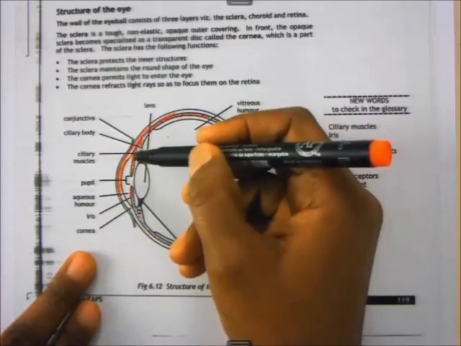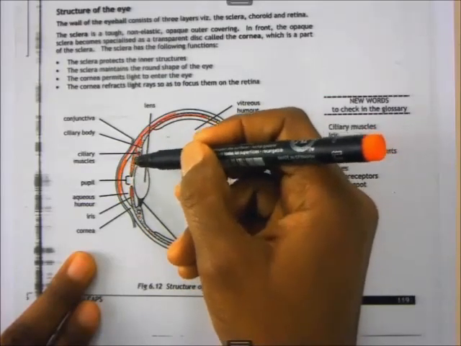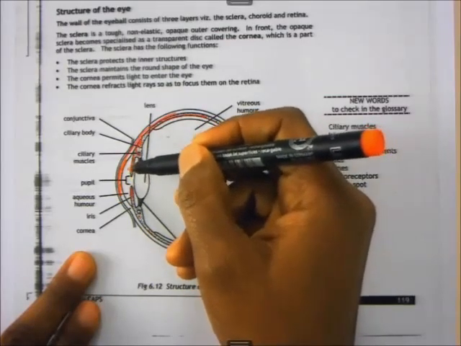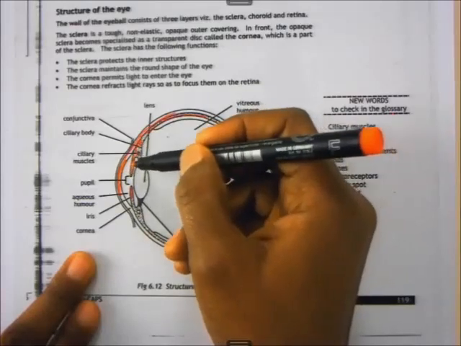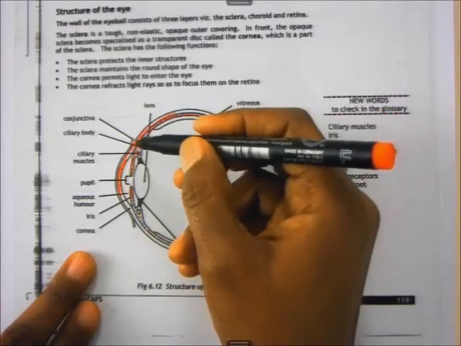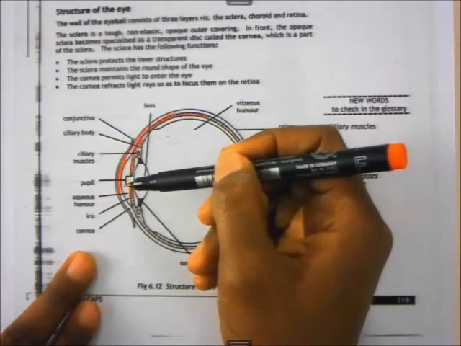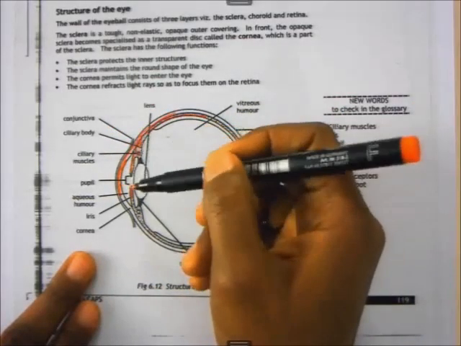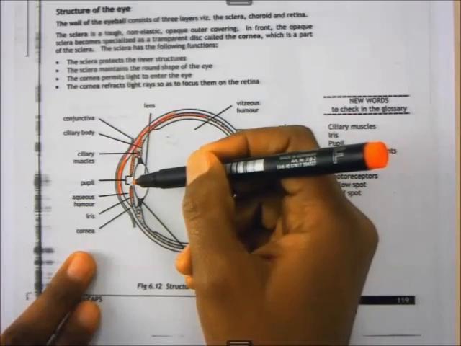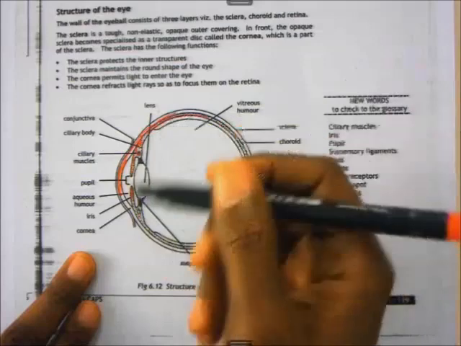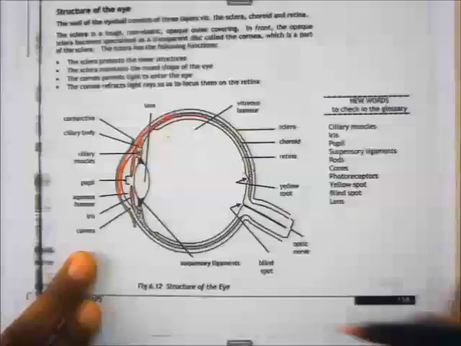And then what you need to know is that it is the iris that determines the color of the eyes of a person. So later on, I am going to talk about a mechanism which is called pupillary mechanism. So we'll talk about it later on.